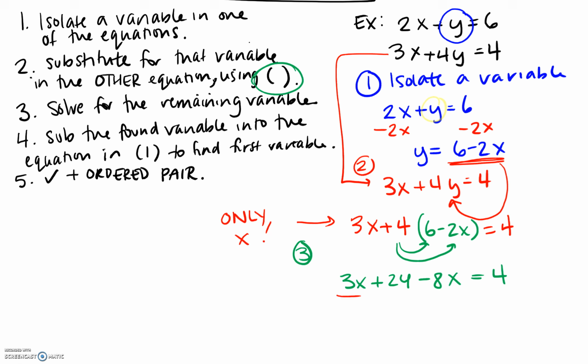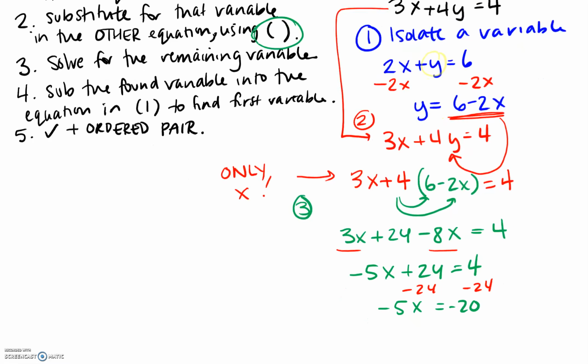We can see that we have 2 like terms there. So we have negative 5x plus 24 is equal to 4. And then use our addition principle and our multiplication principle to finally solve for x. So we get x is equal to 4.